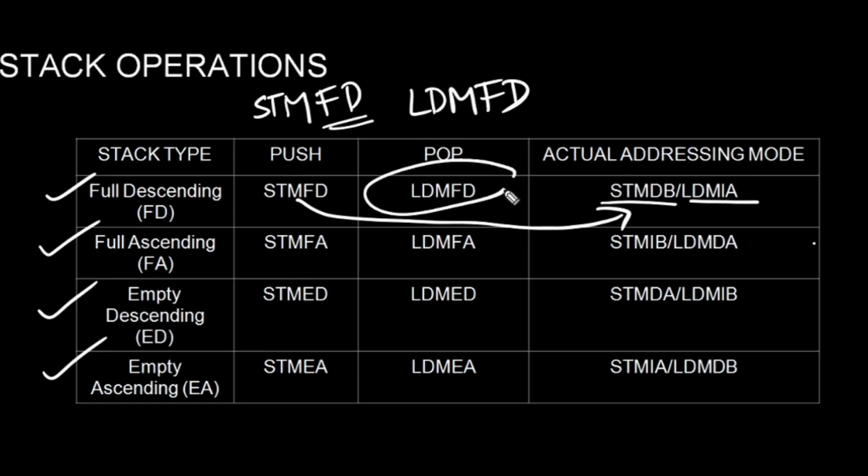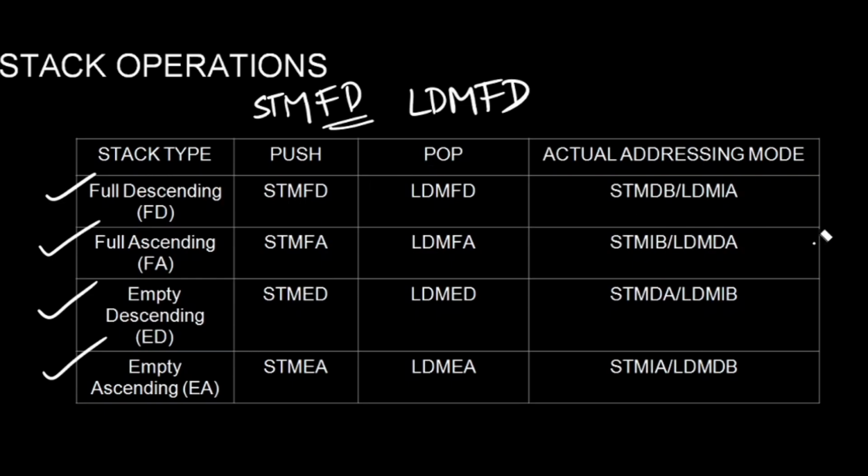And what happens to LDMFD? If I write the instruction LDMFD, internally it gets converted to load multiple increment after. So if you want to understand stack operation, first you should understand how each of the store multiple and load multiple modes work. So this table is what you should remember.